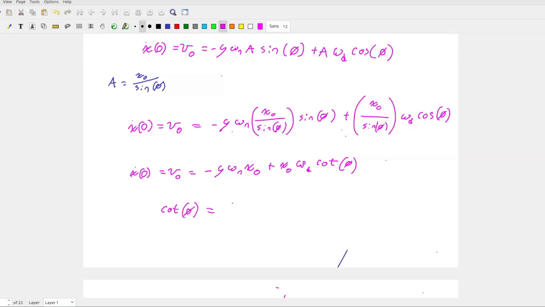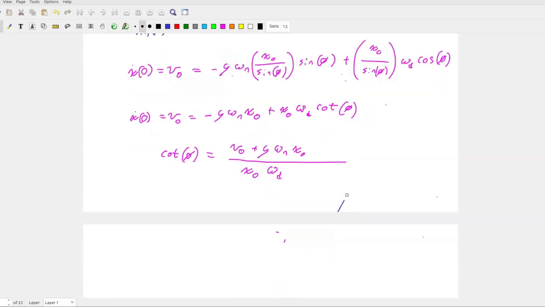Cotangent of phi is equal to v naught plus zeta omega n x naught over x naught omega d, which is helpful. And because tan phi is 1 over cotan phi, I can get my phi on its own.